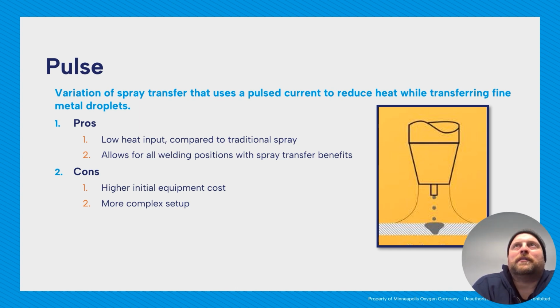And that would help the power source and the wire feeder talk to each other to actually make the pulse happen. So more and more it's being integrated. The machines that can do pulse are going to be more expensive, but that's something to double check. Just because it says pulse, does that mean it can do it as it's set up, or do we need to add some additional stuff to get it to work?